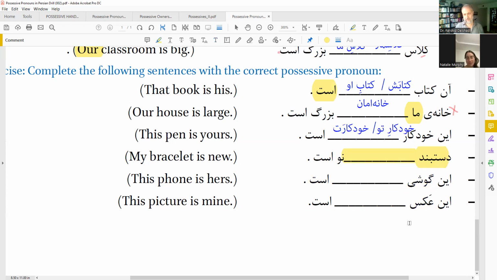So, okay. The pronunciation is dastband. Dastband. And this one is like in the European root, no, which means near. So dastband-aman. Or dastband, perfect.